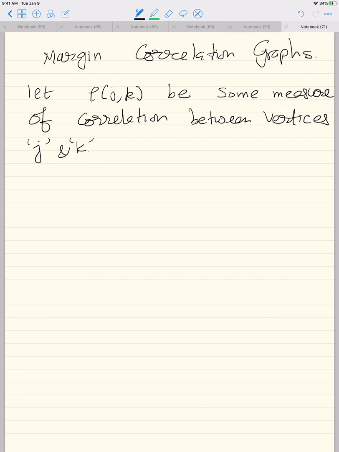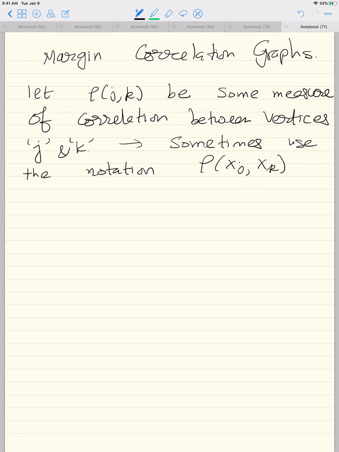So if there is some correlation between vertices j and k, then rho jk is a function that captures it. I'll also use the notation rho of xj, xk to mean the same thing. This means that the correlation is calculated with respect to the random variables xj and xk associated with the vertices j and k. So all these notations are equivalent and don't get confused.